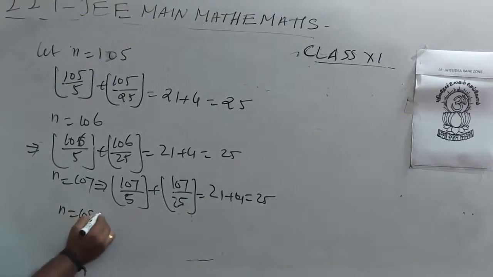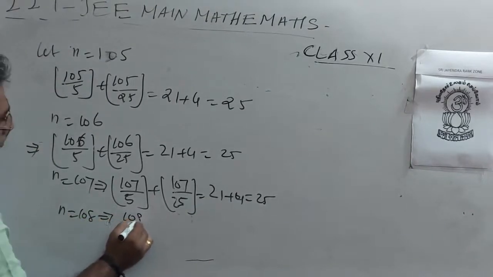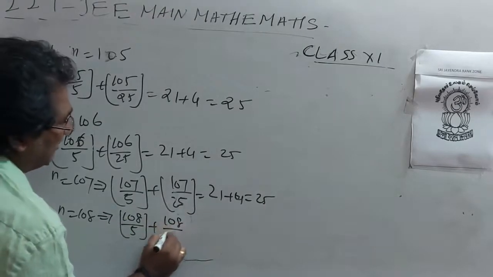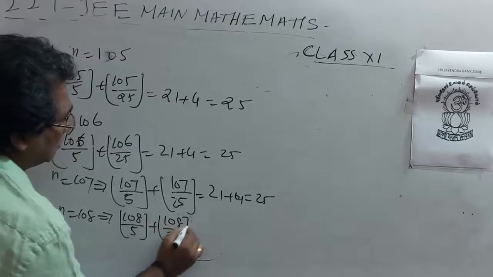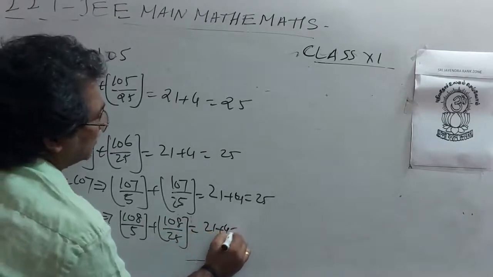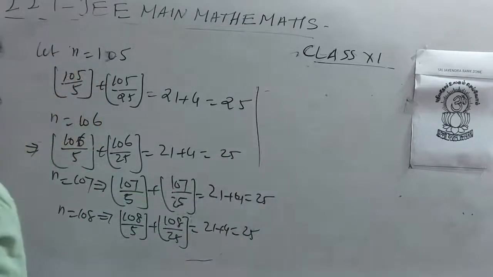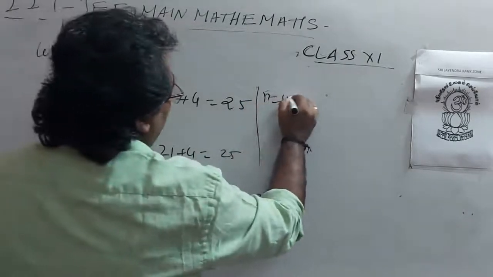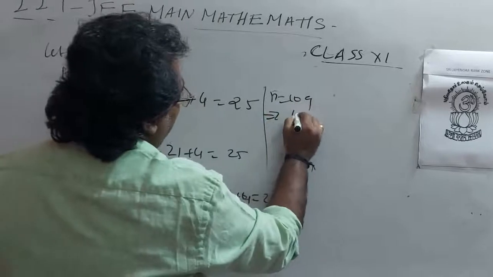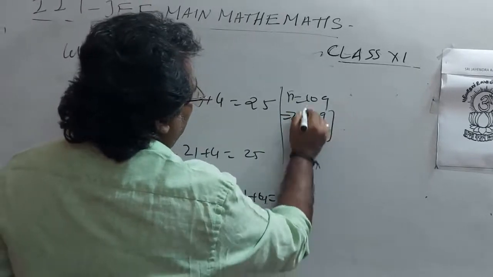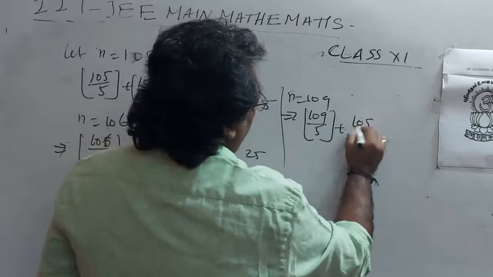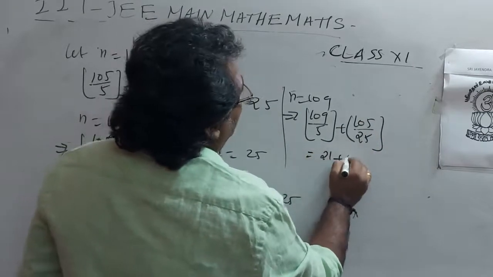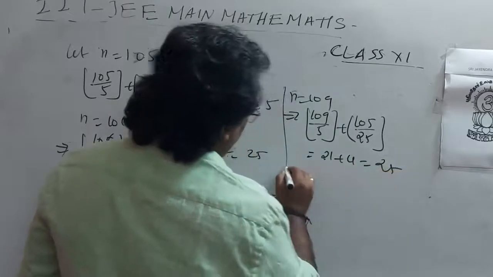N equal to 108: 108 by 5, 108 by 25, 21 plus 4, 25 zeros. N equal to 109 implies 21 plus 4 zeros, 25.